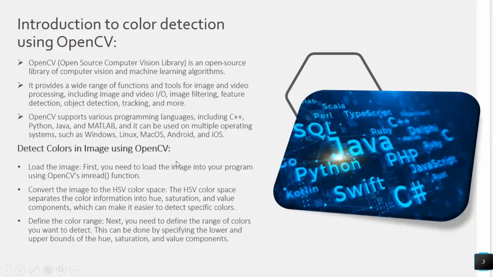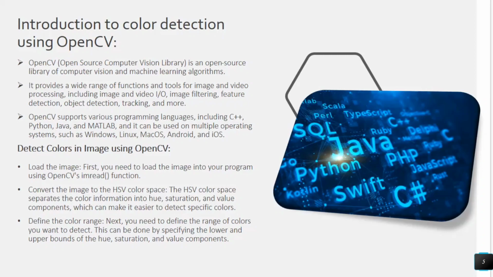Furthermore, here is the introduction to color detection using OpenCV. If we talk about OpenCV, the open source computer vision library, it is an open source library of computer vision and machine learning algorithms.